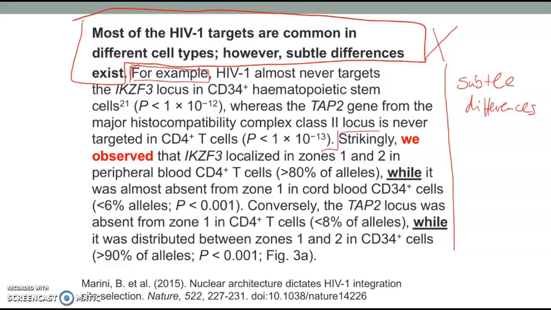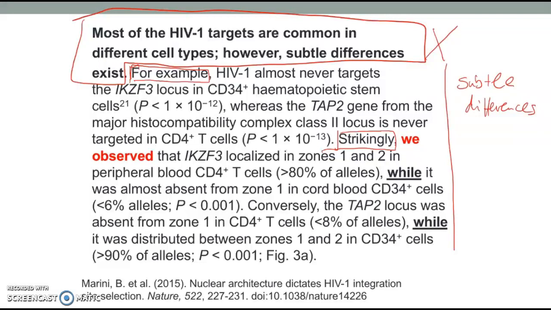And then the next sentence, I really like this expression too: "strikingly." It's an emphasis, but what you don't want to do is use strikingly in every other sentence. You don't want to be too repetitive with these expressions, but when it's appropriate, it's a really beautiful expression to emphasize something.